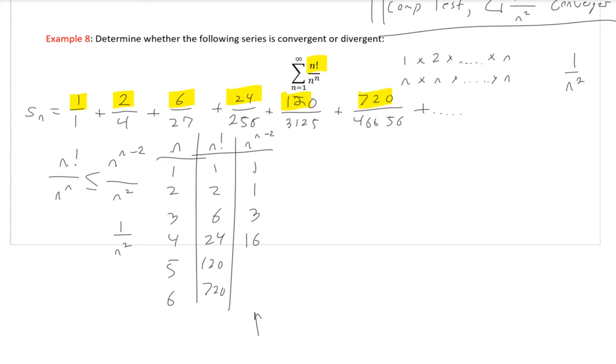It's starting to get bigger. 5 to the 5 minus 2 is 5 cubed, and 5 cubed is 125. Oh, starting to get bigger. And 6 to the 6 minus 2 is 6 to the 4th power, which is 1296. When we see this trend continue, n to the n minus 2 is going to be larger after this point.